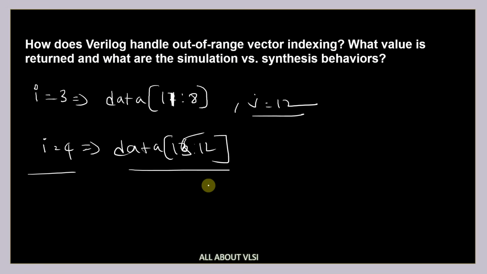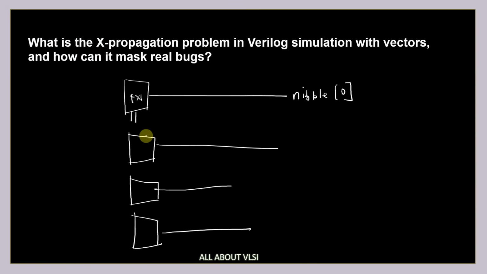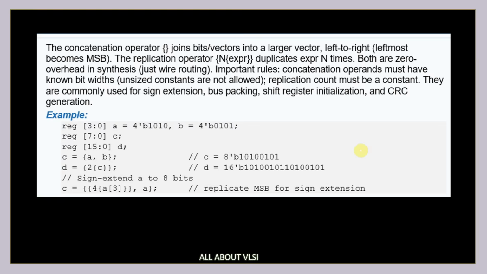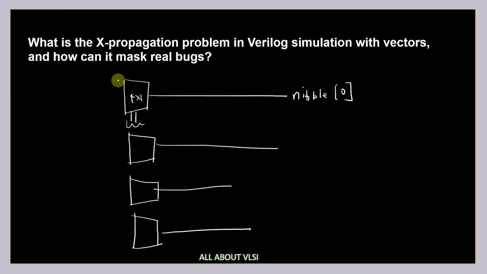So basically if I want, I can take the width of this I to be 2-bit. So depending upon the value of I, I'm going to decide what my nibble values are. If my I is equal to 0, I'm going to connect data of 0, or data of 4, and data of 8, and data of 16.